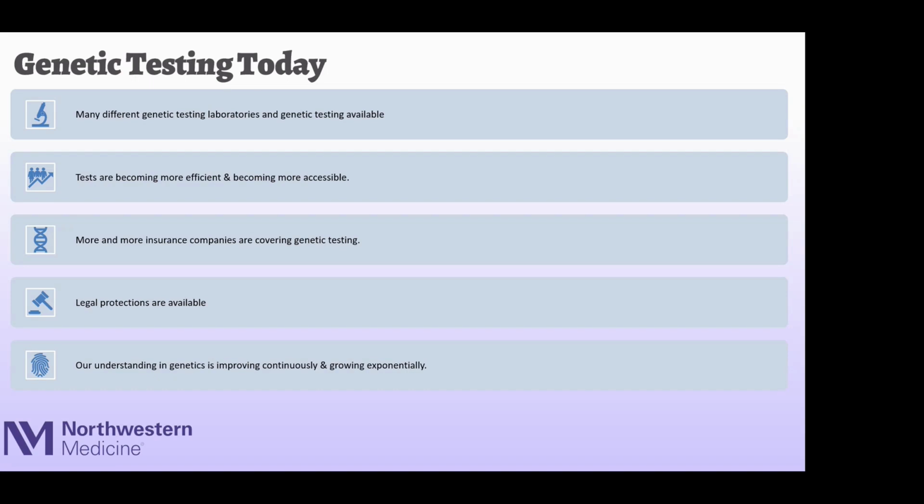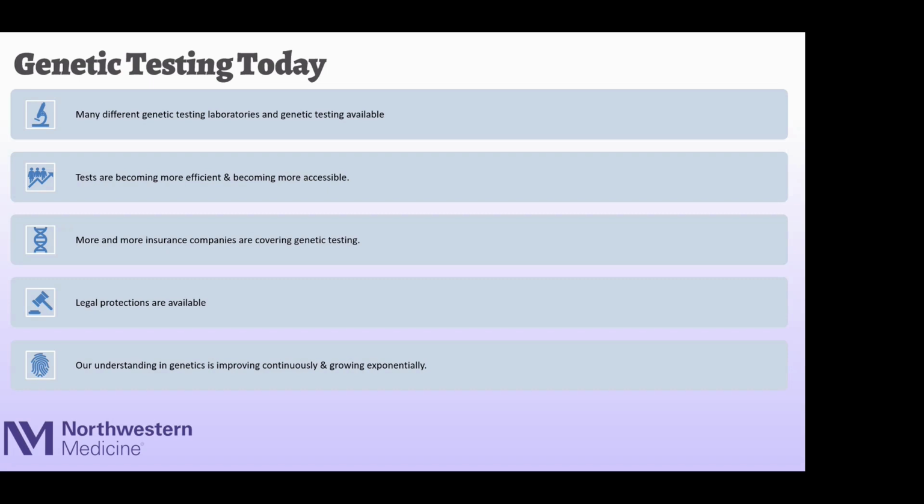Genetics has evolved a lot over time. So I kind of wanted to talk about some of the advancements that we've had in genetic testing today. That includes that there are many different genetic testing laboratories and genetic testing that's available for patients depending on what is appropriate for what testing needs to be ordered, what their personal history or family history looks like.